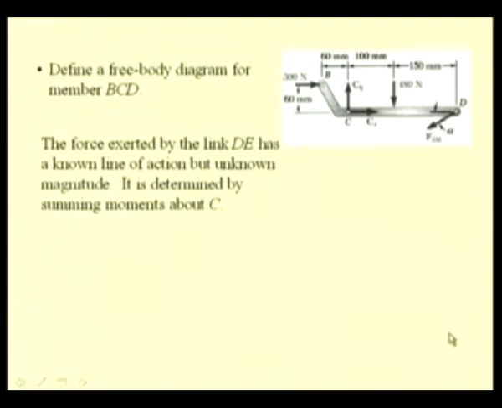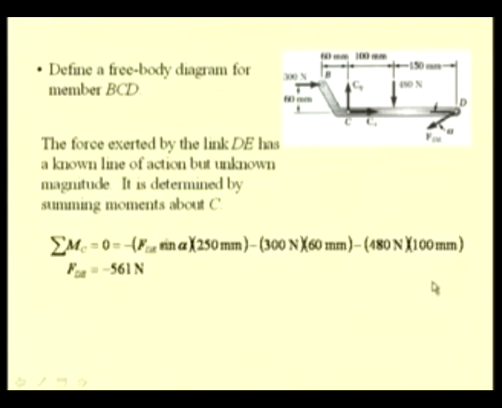So, let us proceed to determine the same. We see that the point C can be conveniently chosen to take the moment summation, because these two forces are concurrent at C, and the equation can be used to determine the force FDE.